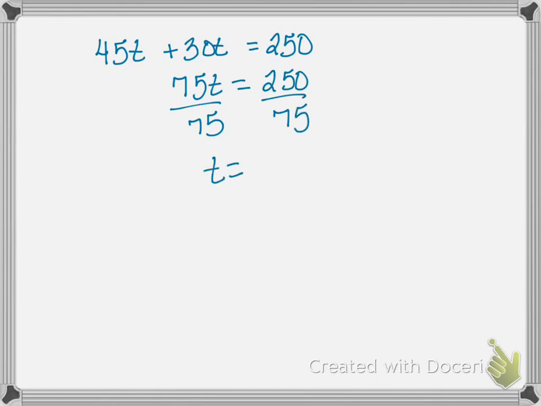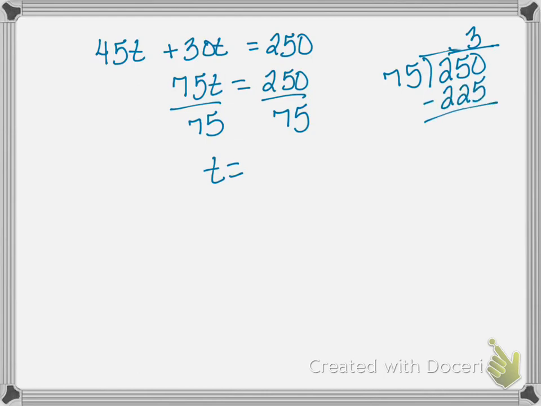And when I do that division, what I end up with is 3. So 75 goes into 250 3 times, okay? And actually, I should put that over my 0. Okay, so 75 goes into 250 3 times. So 3 times 75 is 225.